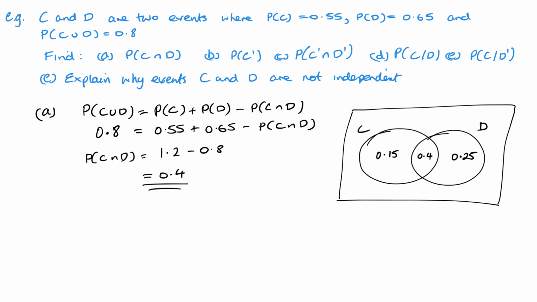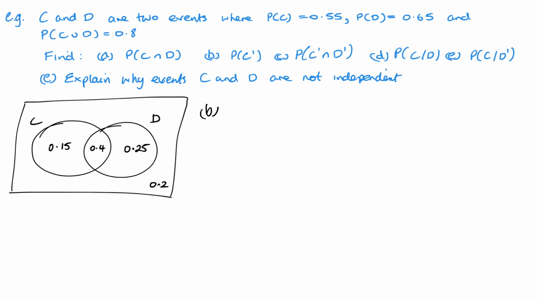So 0.4 plus 0.15 and 0.25 gives me my 0.8, which I didn't need to work out again because that was given to me. And that means that outside is going to be 0.2. And there I have my Venn diagram, which means that from here on out, it should be a lot easier.